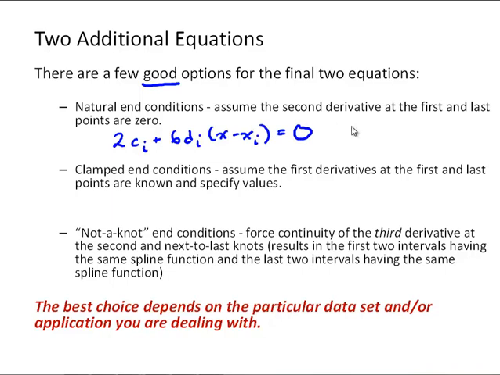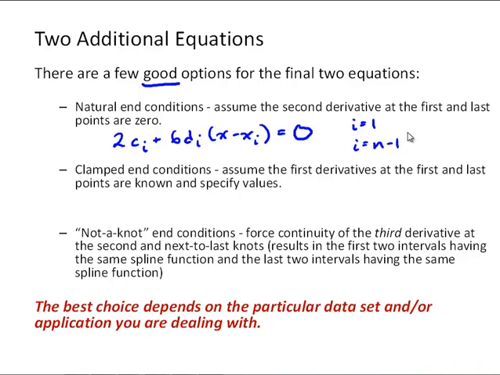So this is for i equal 1 for the first point, and for the last point, sorry, it'd be i equal n minus 1, the n minus 1th spline, because we have n minus 1 spline functions.